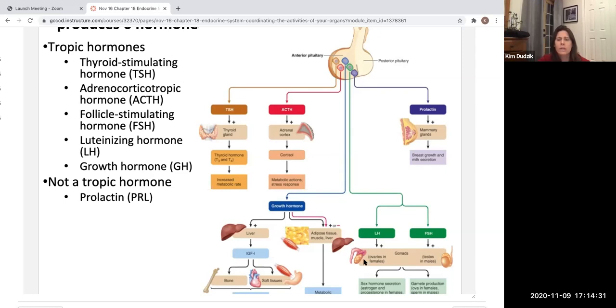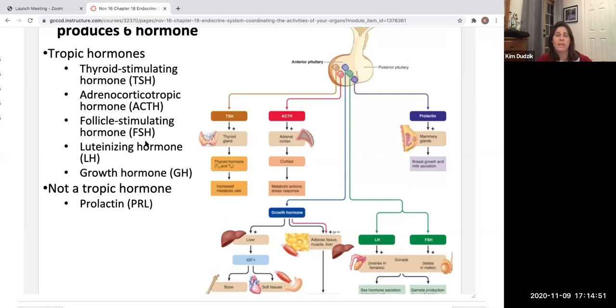In order to stimulate the ovaries in the females and testes in the males, those 2 organs make hormones that control sexual reproduction, right? And so the anterior pituitary has 2 hormones to do that, follicle stimulating hormone and luteinizing hormone. These, by the way, are named for their role in the female body. Okay.